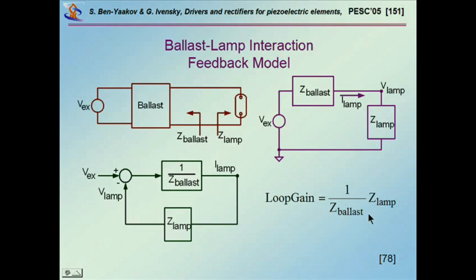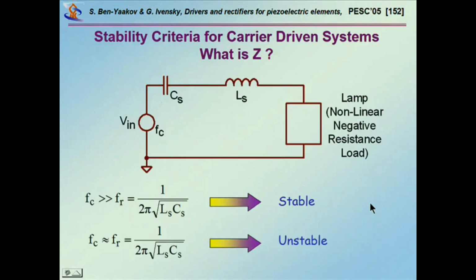So the key factors are the ratio between the impedance of the lamp and the impedance of the ballast, of course, over the frequency range, and in particular when the gain is 1, which is when we are looking for the phase margin, because the phase margin is the phase of this thing when the loop gain is 1.